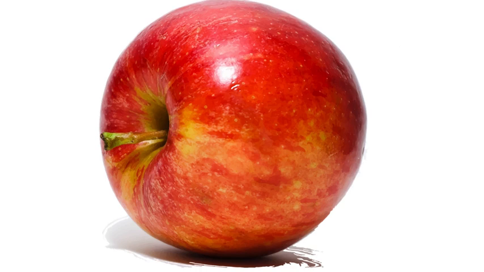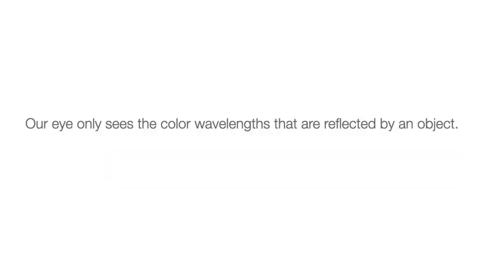The receptors in our eyes see this, transmit that information to our brain, which determines the color, and in this case, it's red. So our eyes only see the color wavelengths that are reflected back to our eye from an object. This is an important point when we continue to talk about color mixing later.